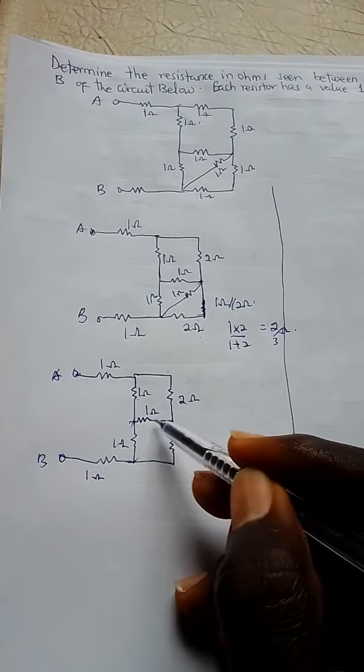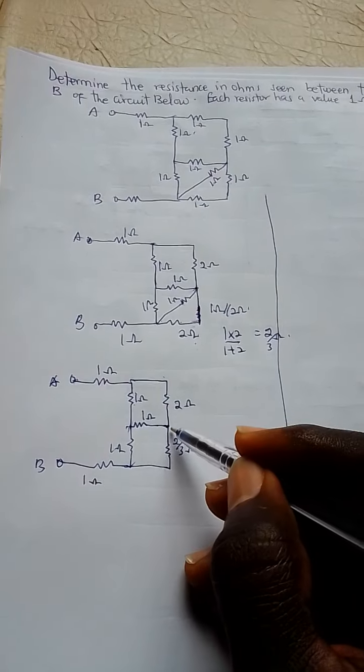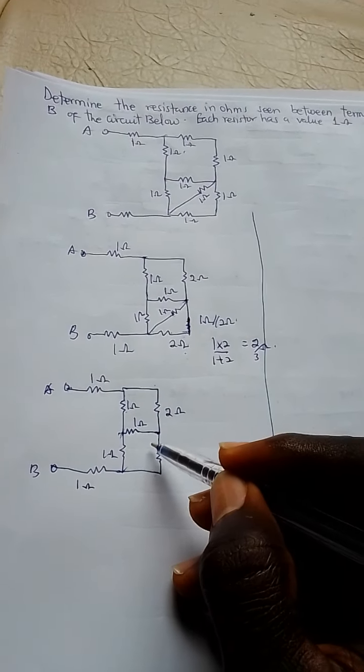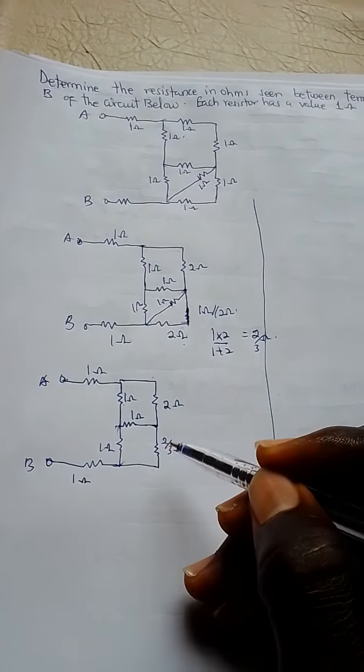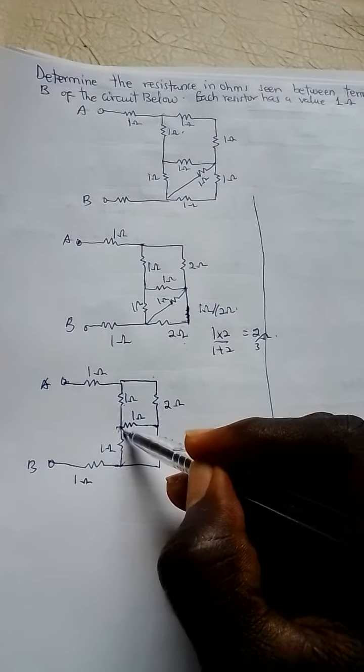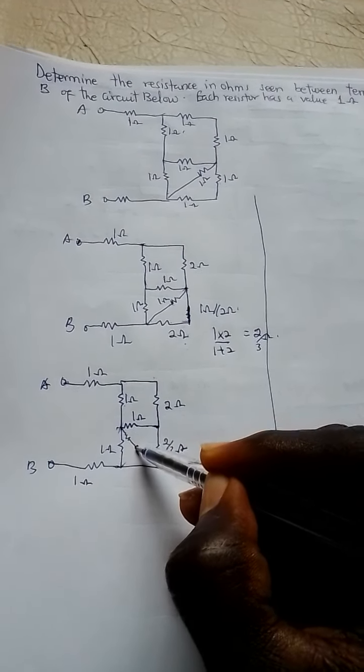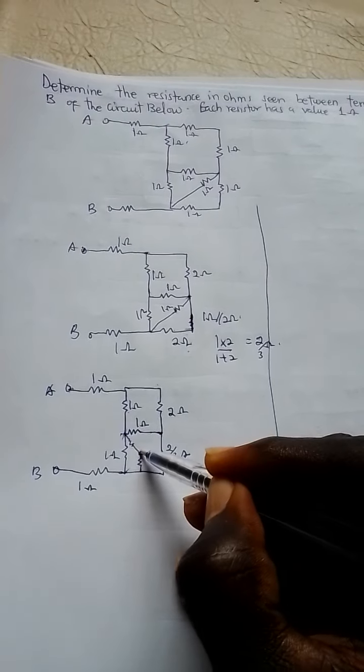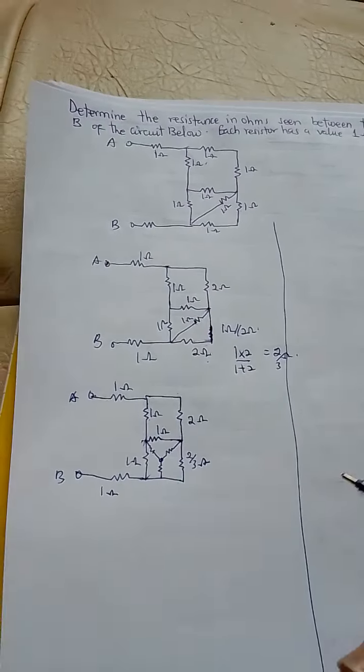So this is a delta. I have to convert it to star so that I can make some of them become parallel as well as in series. So we introduce a star connection here, another star like this.